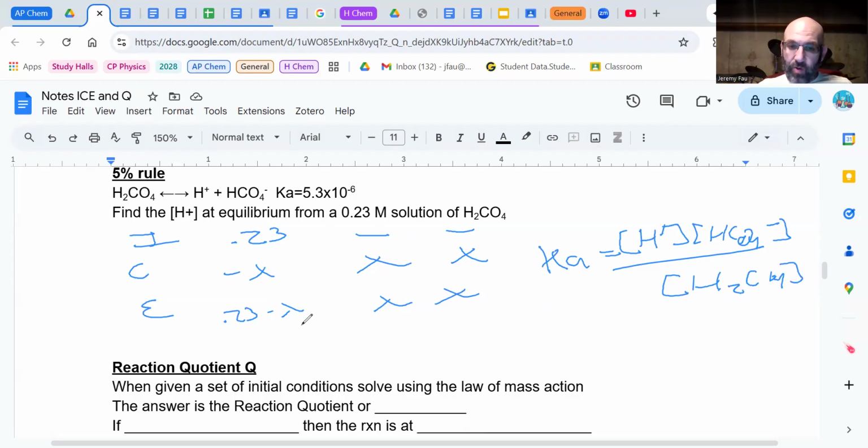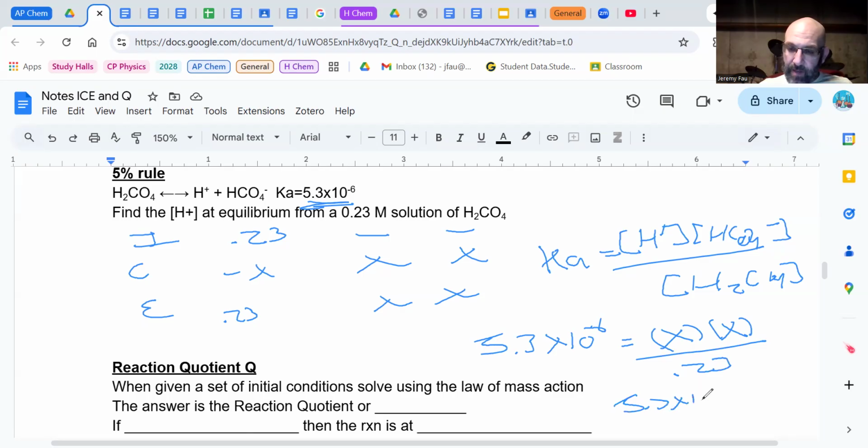And then we can plug stuff in. Again, we're going to ignore this x here. This x right there, we're going to get rid of it. And again, we can do that because Ka is super small. So if we plug all of our numbers in, we get 5.3 times 10 to the negative 6 equals x times x over 0.23. 5.3 times 10 to the negative 6 equals x squared over 0.23.